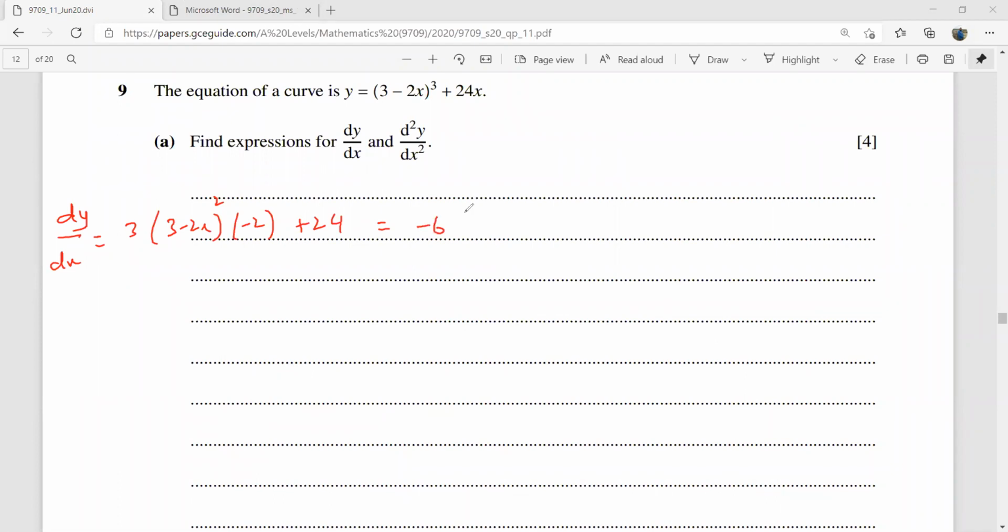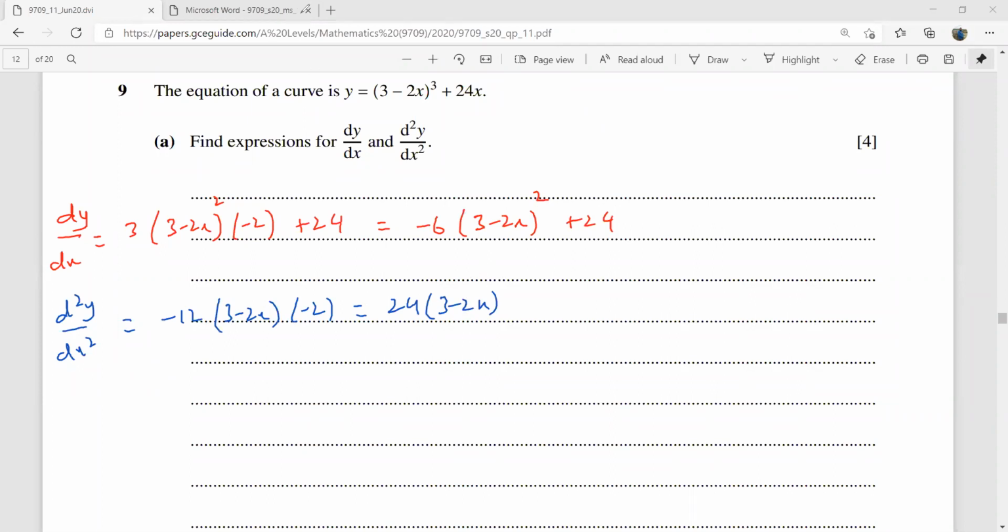This is going to be minus 6 into 3 minus 2x whole square plus 24. Then we have to find d2y by dx squared. So that will be minus 12 into 3 minus 2x into minus 2. That is 24 into 3 minus 2x. These are the first and second derivatives of the given y.